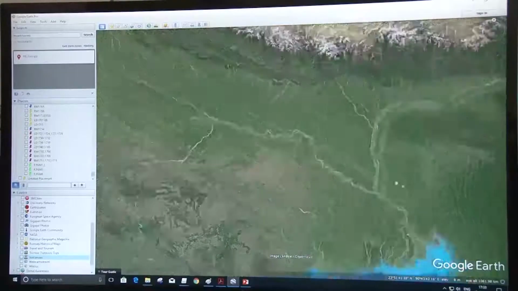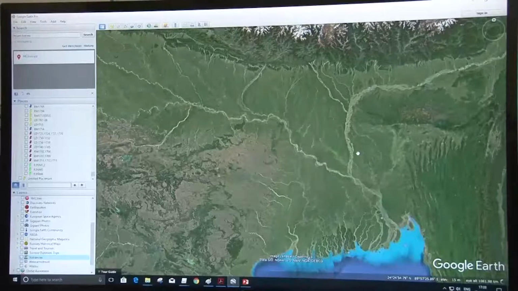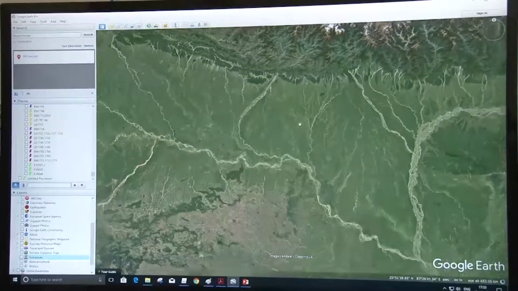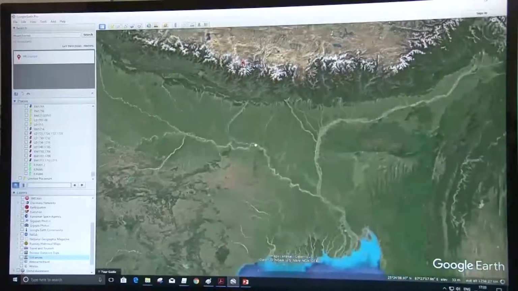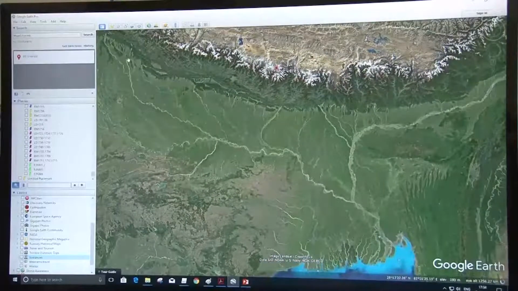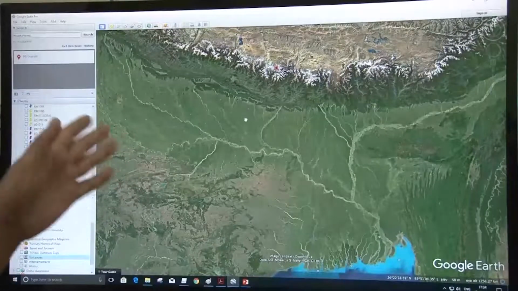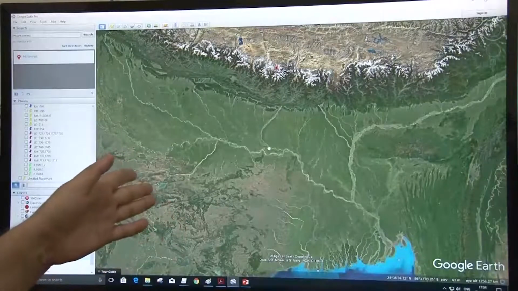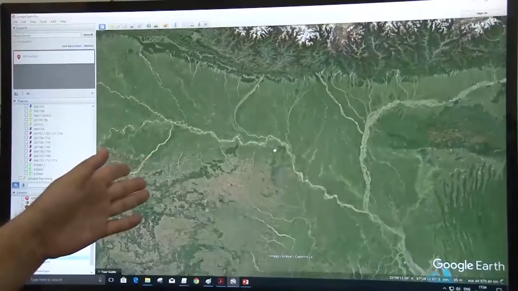This is Brahmaputra, and this is Kosi, and there are different rivers, Kosi, Gandak, Ghaggar, and all are joining the Ganga, and these Yamuna and all are the tributaries of Ganga river, and Ganga is the main river or the trunk river.